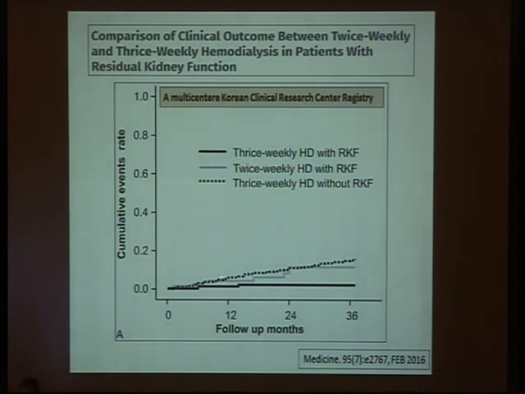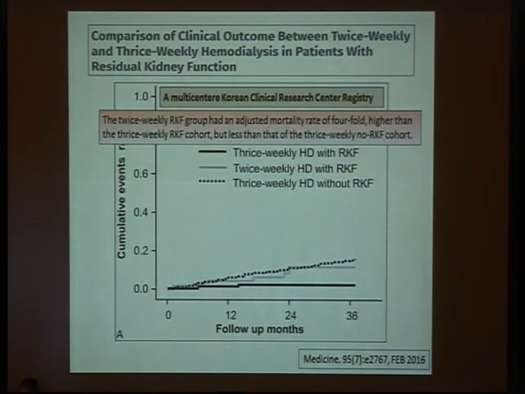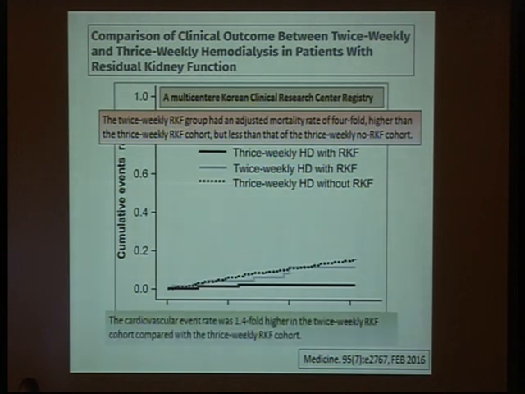We can see that the twice-weekly hemodialysis group with residual renal function, the gray line, showed higher mortality compared to the thrice-weekly group with residual renal function, but less than the thrice-weekly group without residual kidney function. And the same for cardiovascular mortality. So it seems that it is residual renal function rather than the number of dialysis sessions.